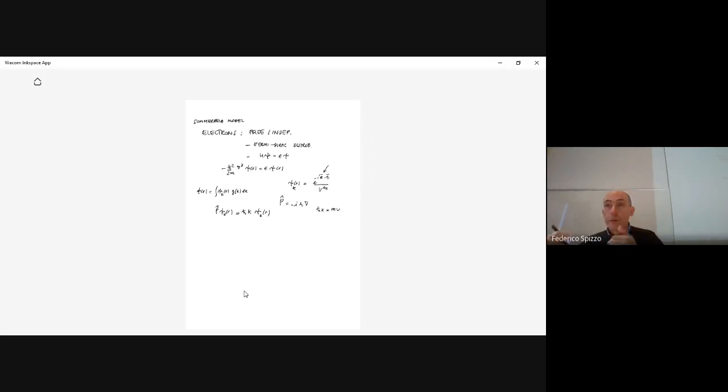To avoid this problem, if this is one dimension of the box, the length of the solid along the x direction, what is generally asked is that the value of the wave function on one side of the solid is equal to the value of the wave function at the other side.